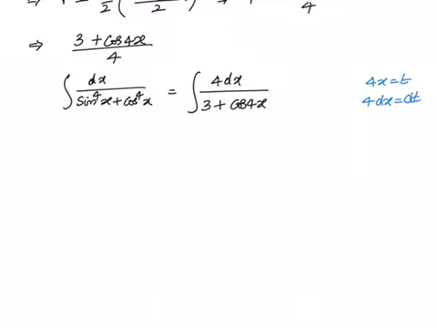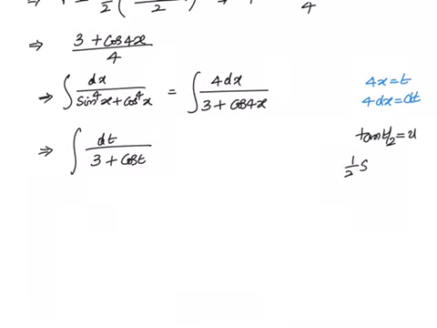Now let's try to convert this in terms of t. Now we will have dt divided by 3 plus cos t. Let us take tan t by 2 equal to another variable u. Then we will have half secant square t by 2 dt equal to du. Also we know that secant square t by 2 is equal to 1 plus u square.